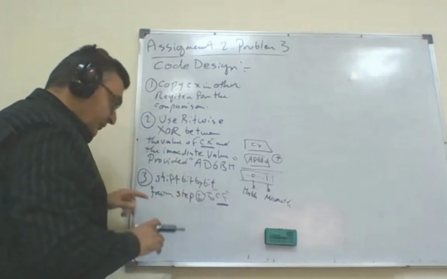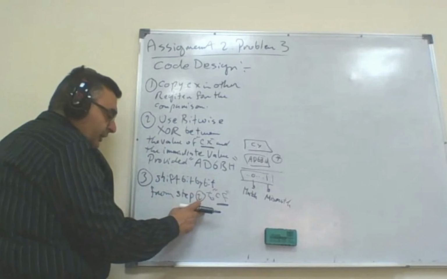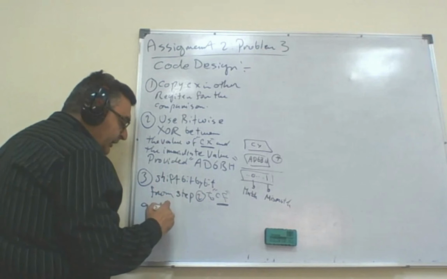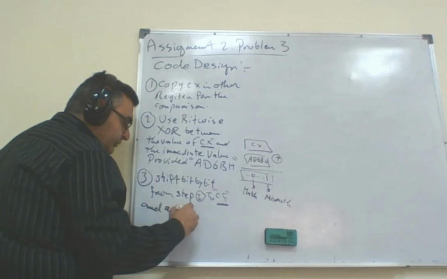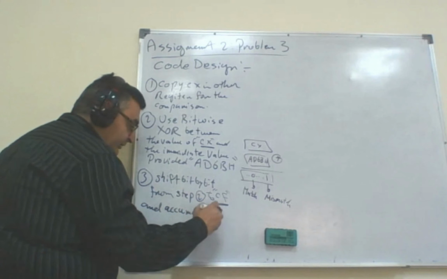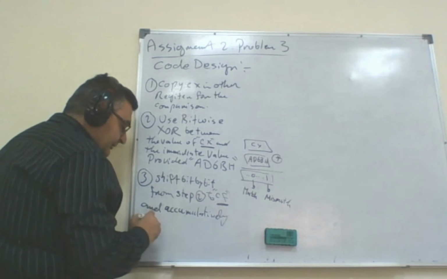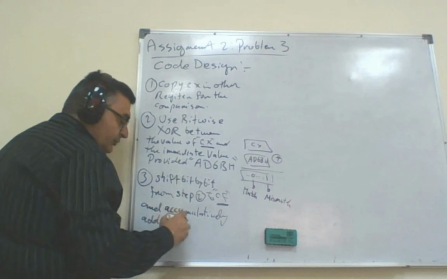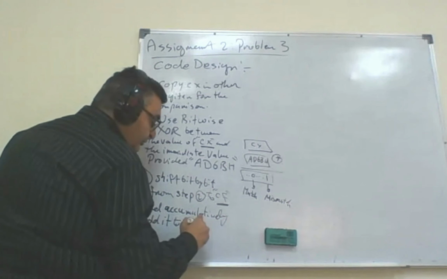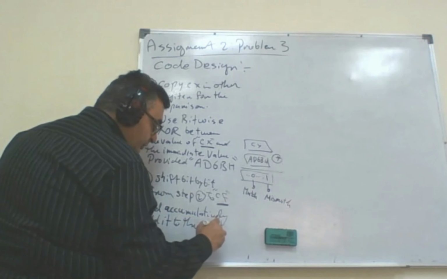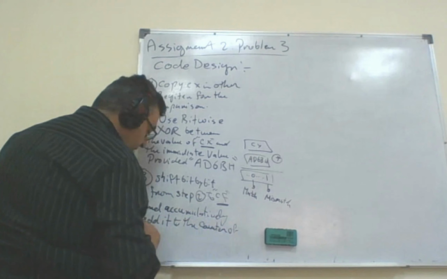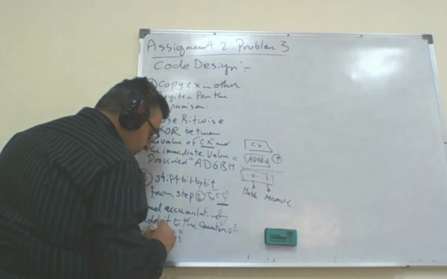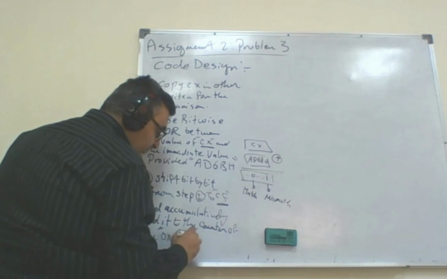So shift the bits from step 2 into the carry flag and accumulatively add it to the counter of the ones bits.